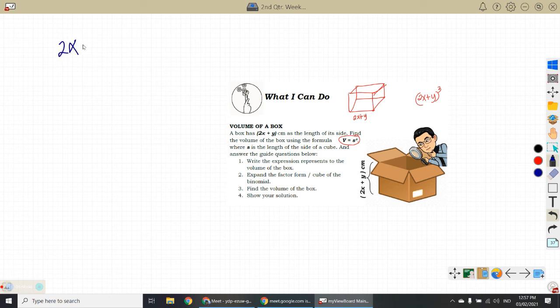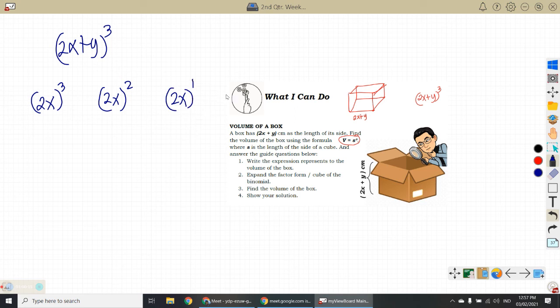Okay, so 2x plus y cube. So, answeran natin, ito kung naaalala ninyo, cube, squared, okay, raised to 1, and then we have y cube, y squared, y, and then y raised to 0.